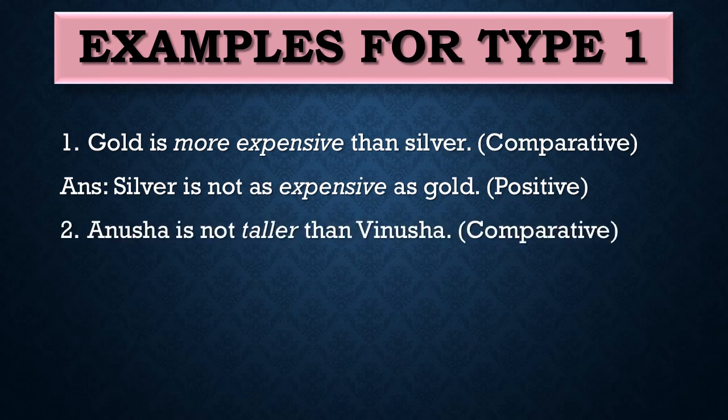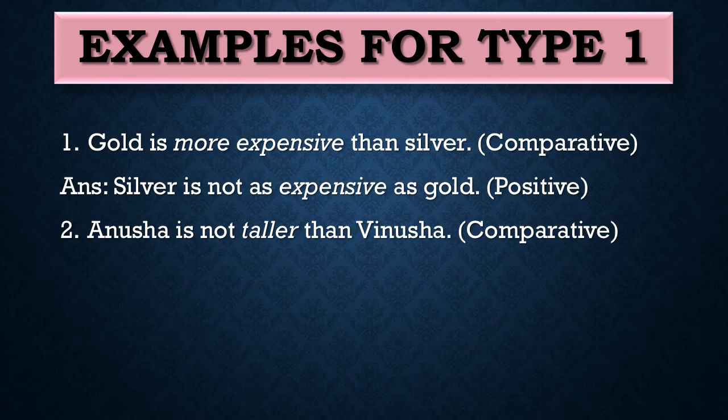Next one, Anusha is not taller than Vinusha. It is comparative again because taller is the adjective here, which is in the comparative degree, and the sentence is negative. So, as usual, you have to interchange the subject and the object.